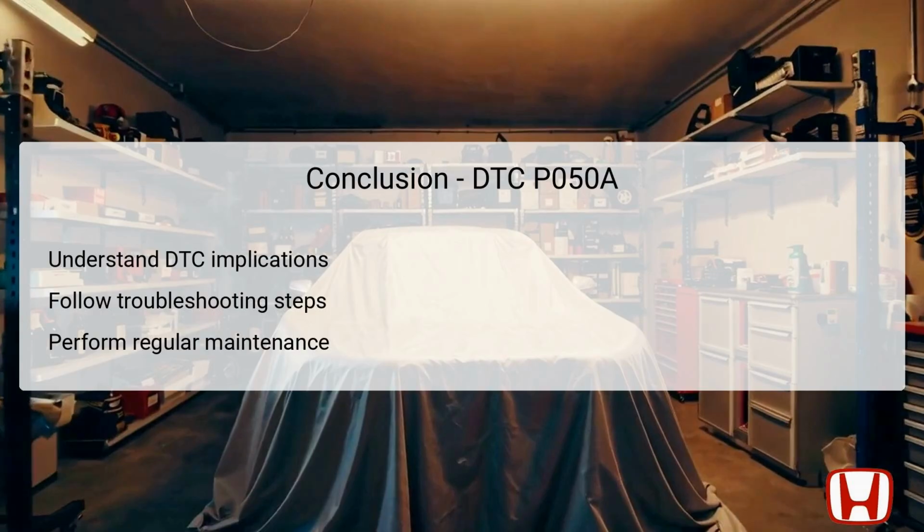Following systematic troubleshooting steps ensures that technicians can effectively pinpoint the root causes and implement the right solutions. Regular preventive maintenance practices can significantly reduce the likelihood of this error recurring in the future, contributing to overall vehicle health. By maintaining awareness of how critical these components are and committing to regular checks, drivers can ensure optimal performance from their Honda Civic and longevity of their engine.